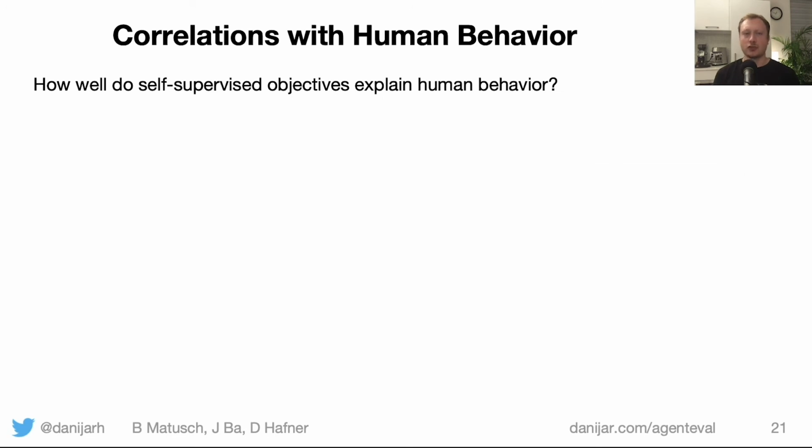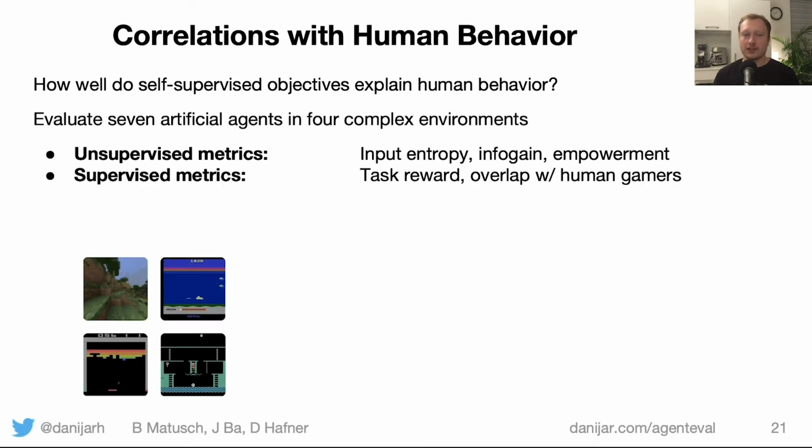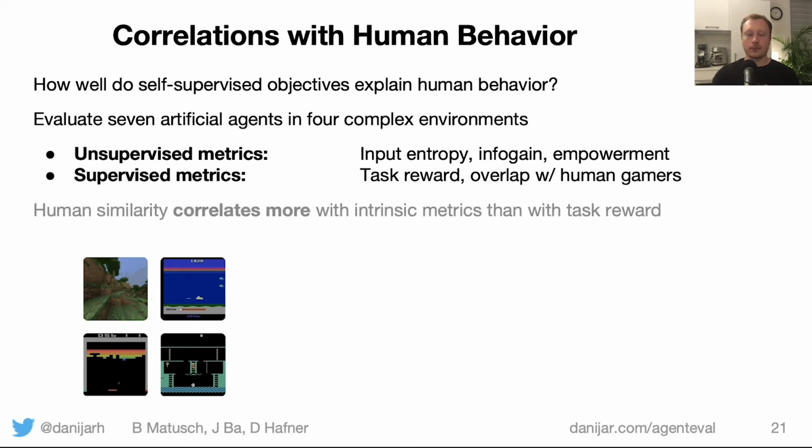Before looking at individual agents, let's first see whether human behavior can actually be explained through self-supervised objectives. For this, we evaluated 7 artificial agents across 4 complex environments and computed several unsupervised and supervised metrics from the lifetime trajectories, including input entropy, information gain, empowerment, task reward, and the overlap in inputs with human gamers taken from a demonstration dataset.